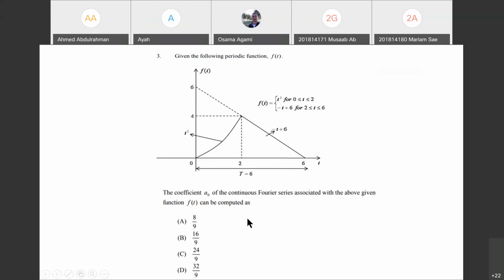So what is the right value of these ones? We will see. It is B. So you integrate your function, which is t squared from 0 to 2, plus the integration of your function, which is minus t plus 6 from 2 to 6.